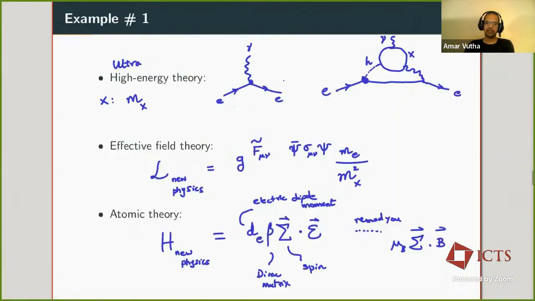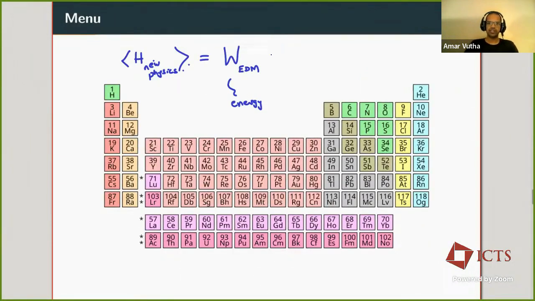But not just that. Remember, this operator that the atomic theorists started working with involves the spin and it involves the electric field. So some of that still survives. They say, okay, look, and then the energy shift that you get depends on which way the spin is pointing relative to the direction of the electric field.